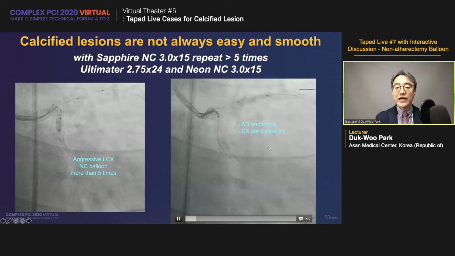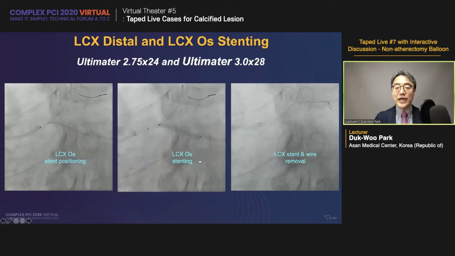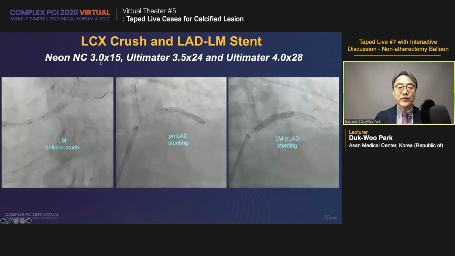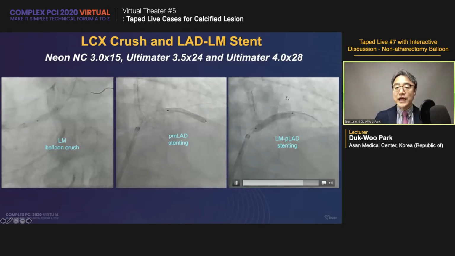using LAD anchoring. For the distal part I put the 2.75, and for the proximal LCX ostium we put the Ultimaster 3.0, 28. We decided on the crush technique for the LCX, also stenting, then stent and wire removal. Then left main balloon crush using NC 3.0, and then we put sequential stenting: proximal LAD 3.5 Ultimaster, and left main 4.0, 28 Ultimaster.